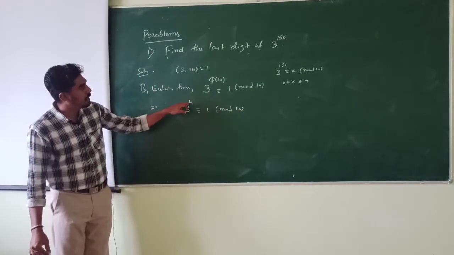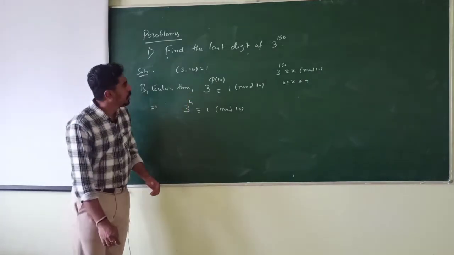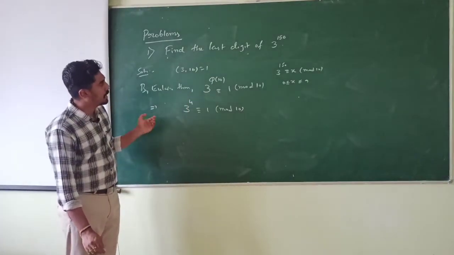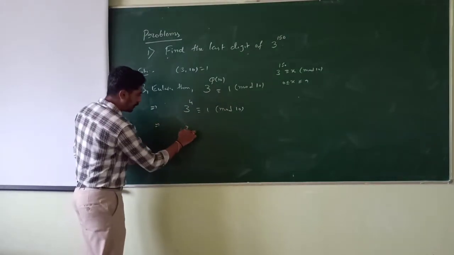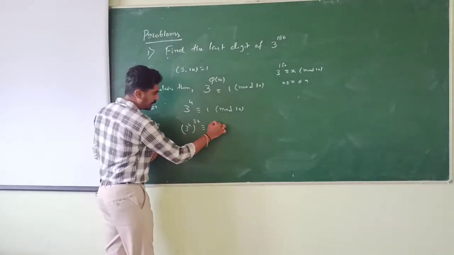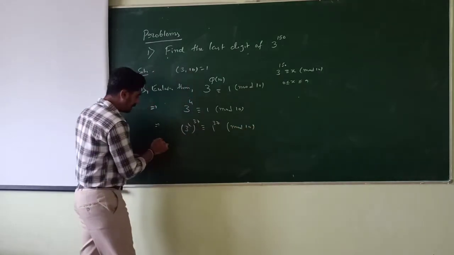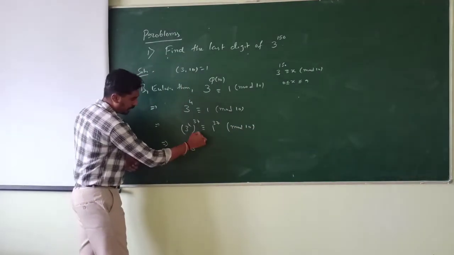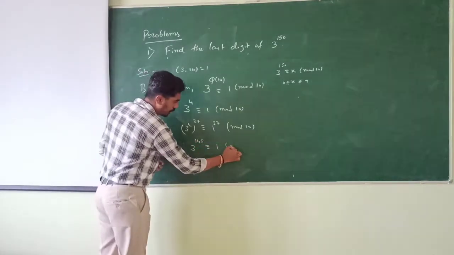Here I need to get 3 to the power of 150. So I raise the power by 37 on both the sides. 3 to the power of 4 whole power 37 is congruent to 1 power 37 modulo 10, which is same as 3 power 148 is congruent to 1 modulo 10.